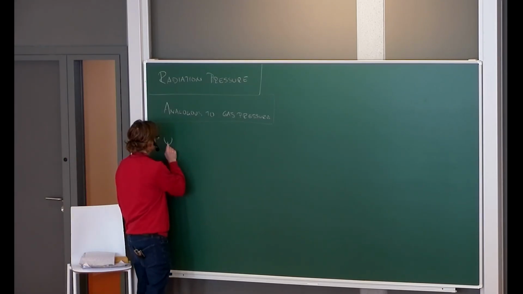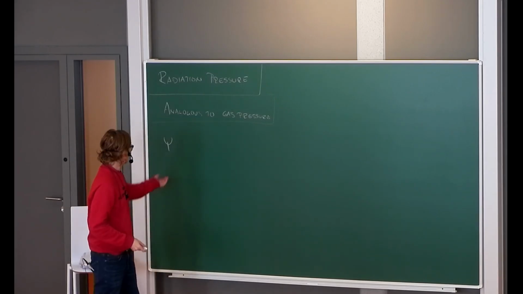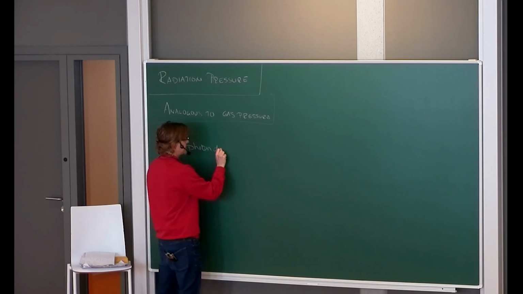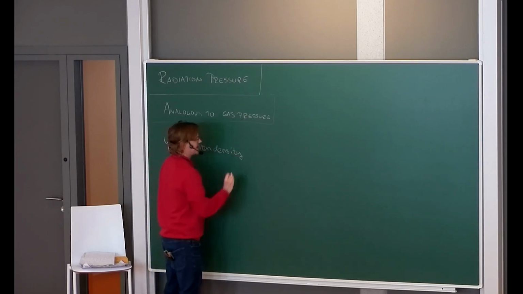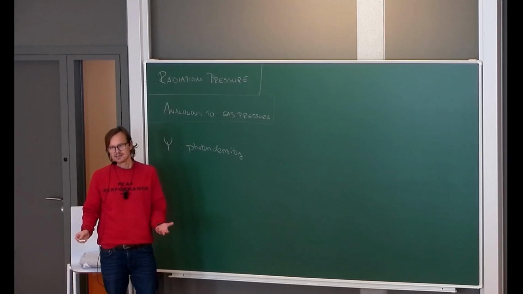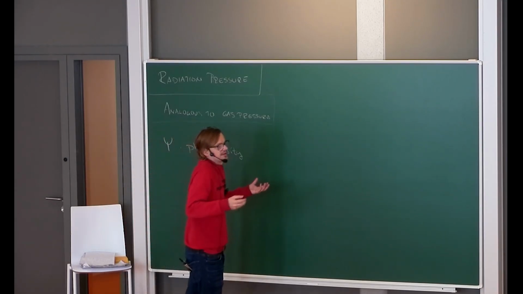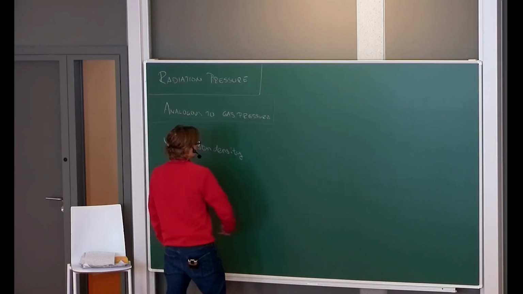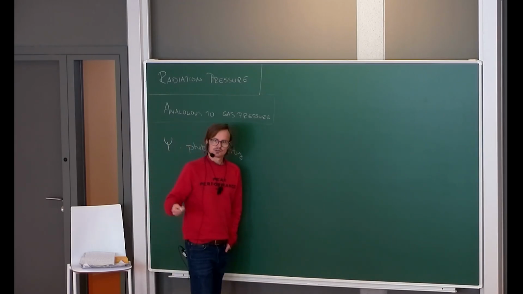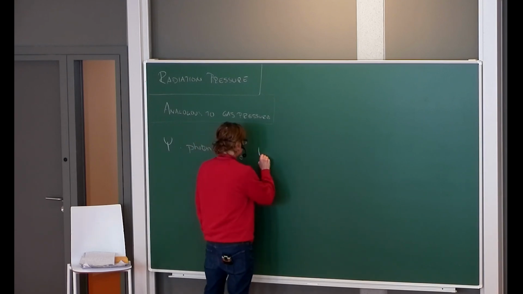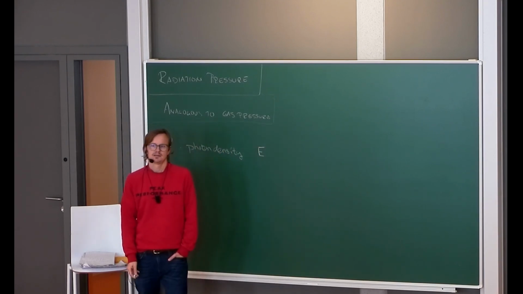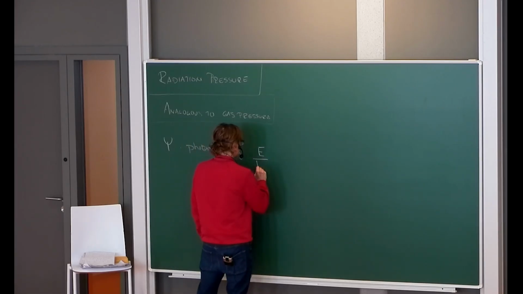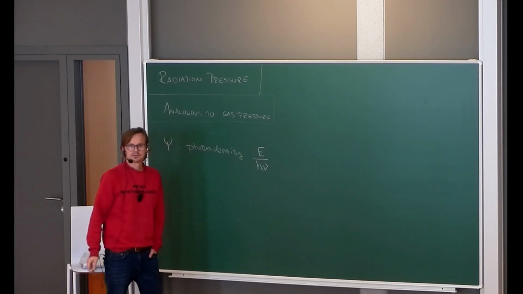So we can have a quantity which will be our photon density. That photon density is essentially just the number density of photons, so photons per unit volume. That will be the energy density of the radiation field divided by the energy of a photon, so h nu.